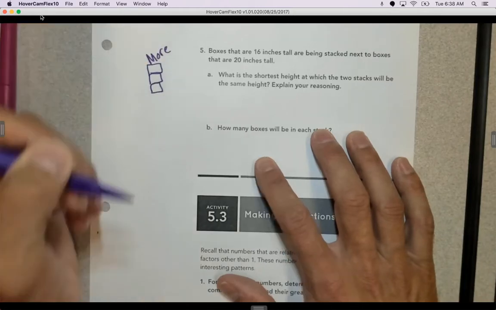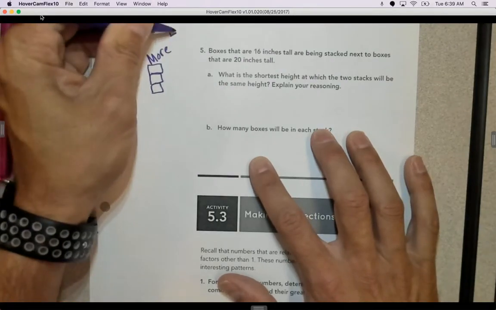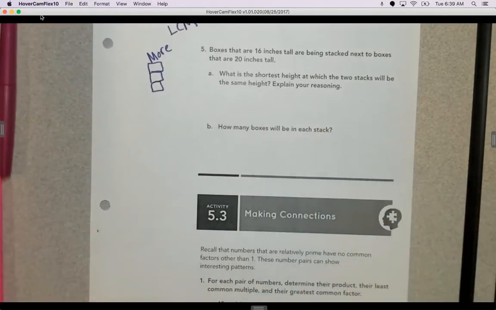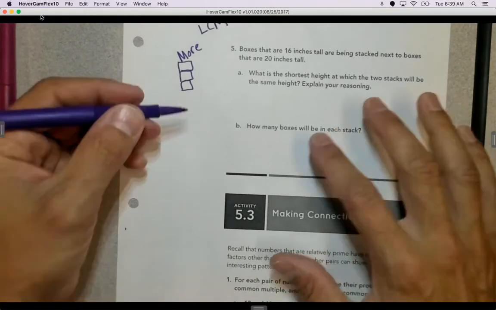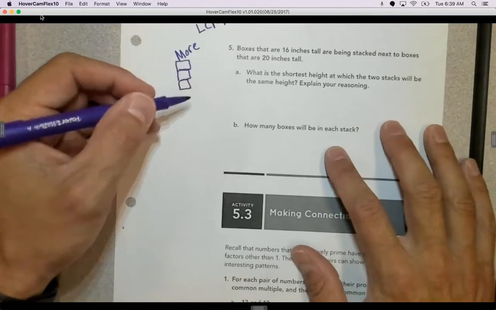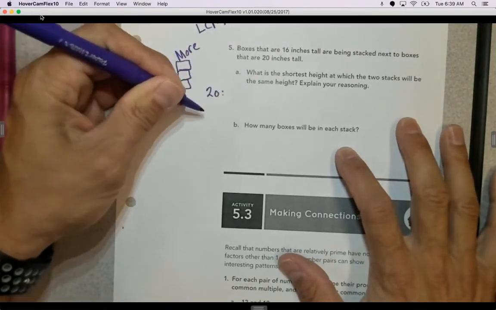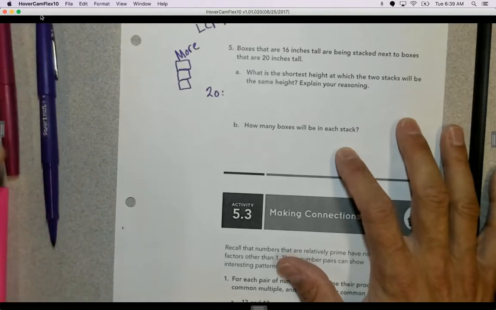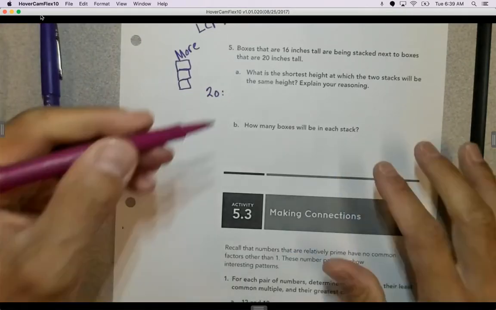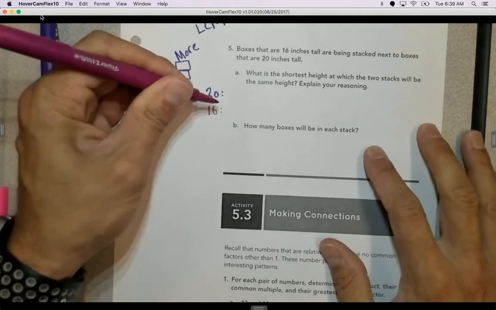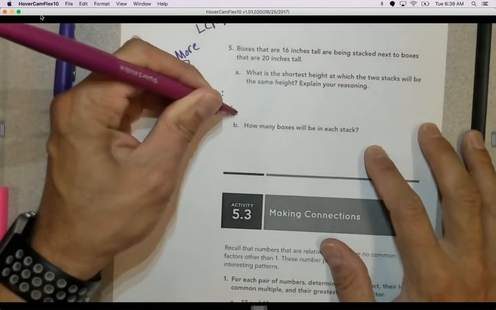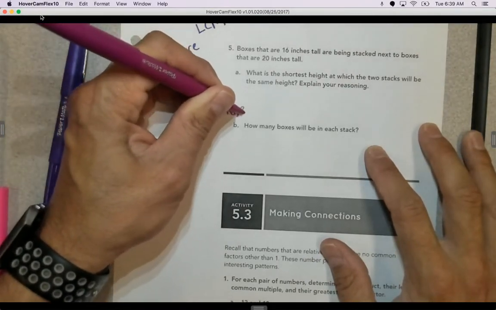Since we're adding more, this is an LCM problem because we keep on going up by 16s and by 20s. Okay, so I could list them. And so if I list the multiples of 20 and I list the multiples of 16, that will get me to my LCM, my least common multiple.